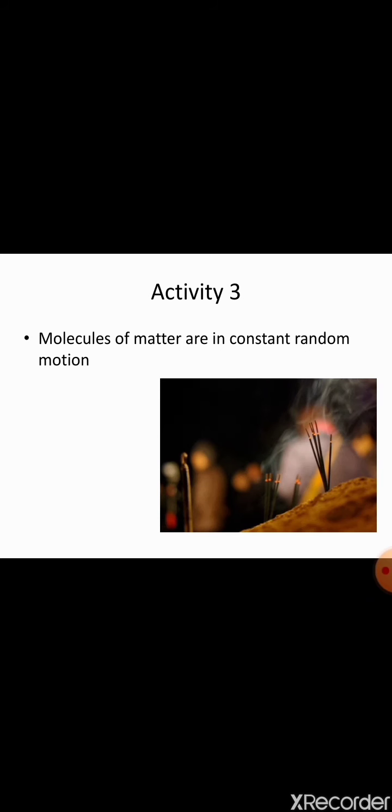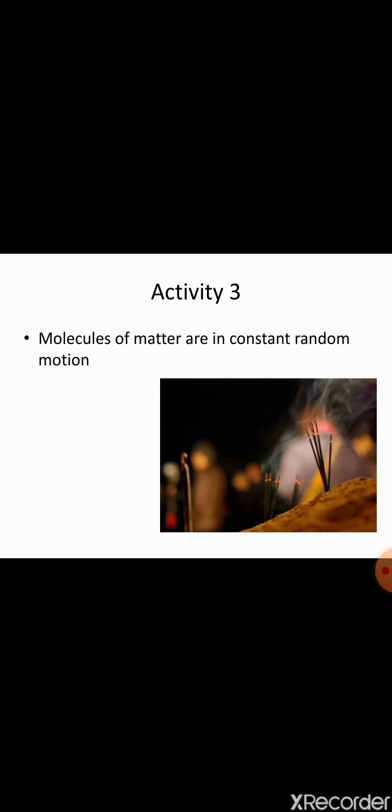The fumes of the incense stick spread everywhere inside the room in a very short time. Now why is it spreading all over the room? Because the molecules, the particles of that matter, are in constant random motion.